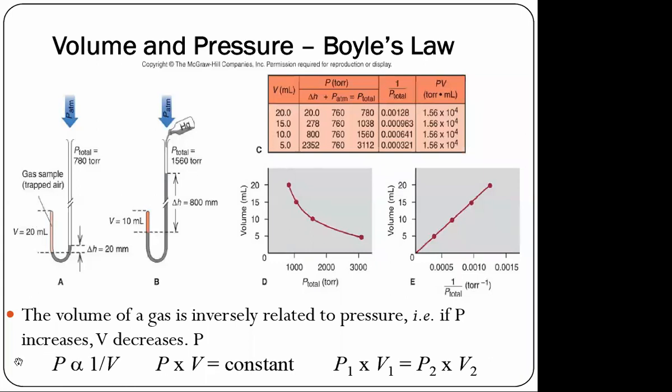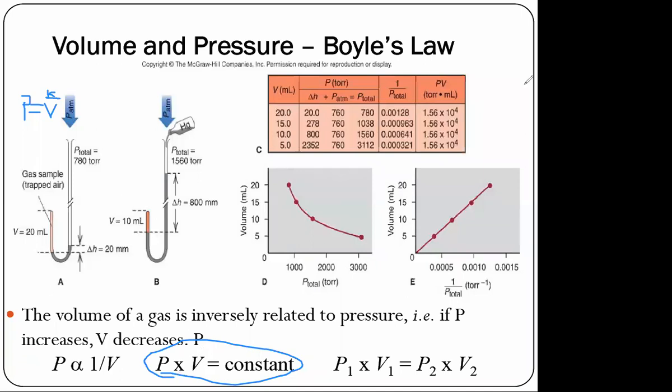Which gives us the expression P is proportional to 1 over V, and it means that pressure will be equal to K constant over V. So which means that PV will then be constant. So that is the equation for expression of Boyle's law.